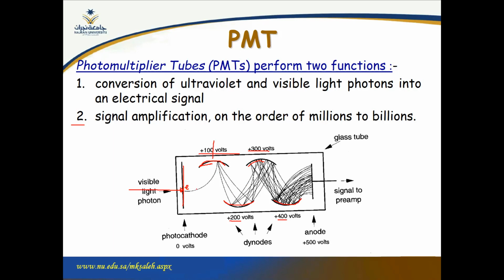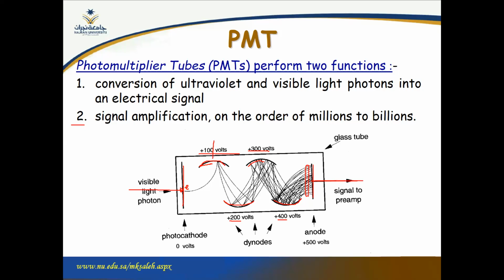So when the electron hits this dynode, it will be amplified. The number of electrons will multiply, from 1 to 2 for example, then from 4 to 8, and like that, until we receive a huge number of electrons. And this part we call the anode, and our signal will be ready here.